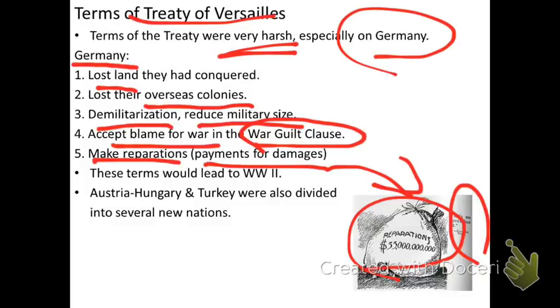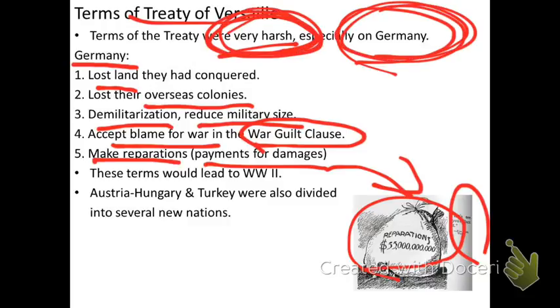Now, what are some of the consequences? Well, this is something that the English and the French did not really look into. The Treaty of Versailles was extremely harsh on Germany. What would be the long-term consequences? Something that they did not really think about. And again, let's be truthful here. These are politicians.